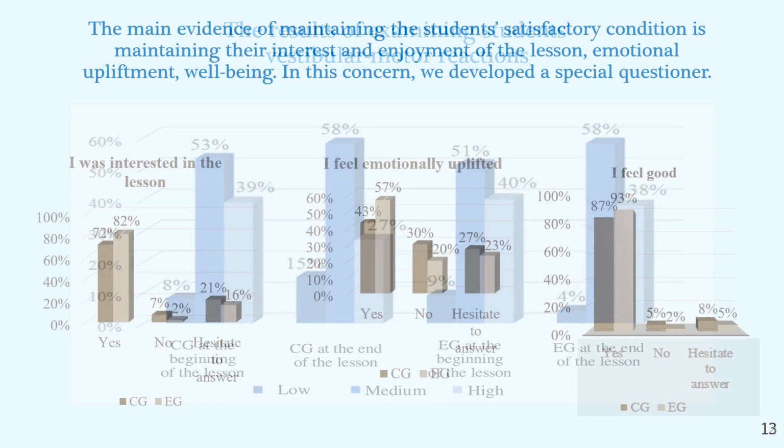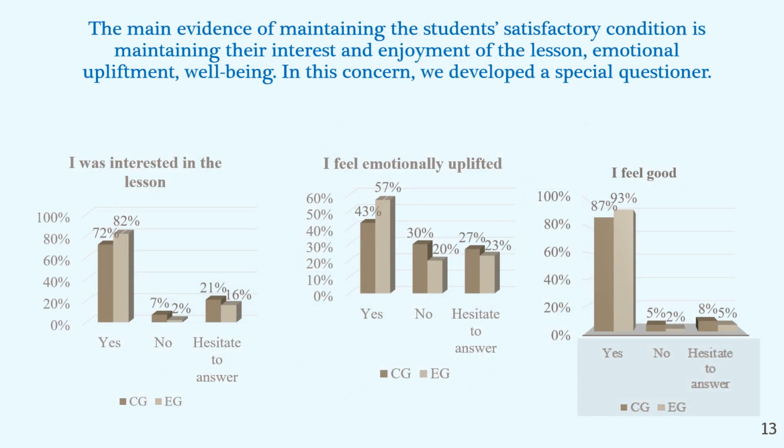recommendations. The success of the educational process depends largely on the mental state of the student, which is an integral part of his or her mental health. The main evidence of maintaining the students' satisfactory condition is maintaining their interest and enjoyment of the lesson, emotional upliftment, well-being.